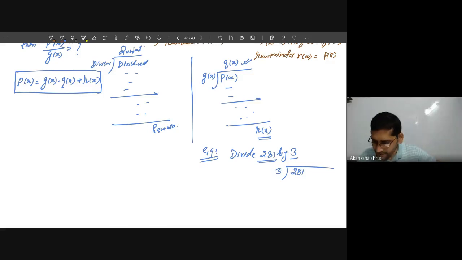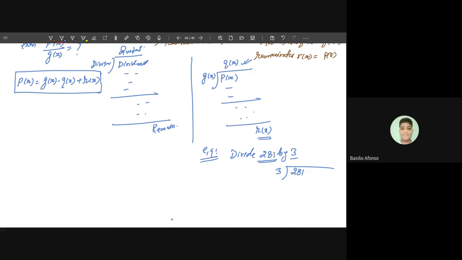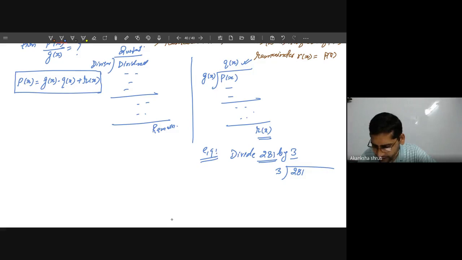We take numbers from the left. If we take just one digit, 2, it is lesser than 3, so it is not divisible. So we take two digits from the left, 28.